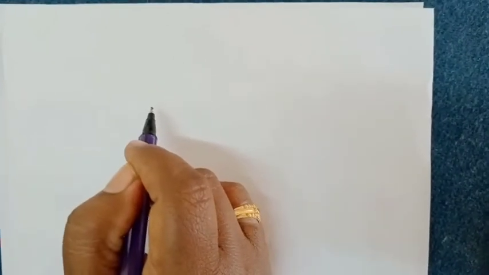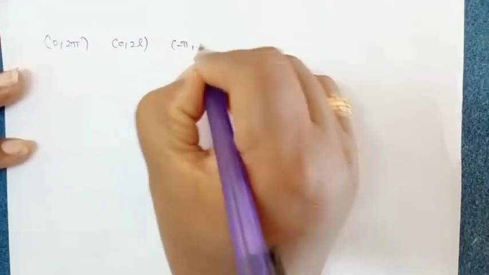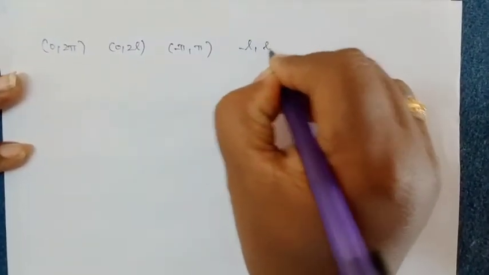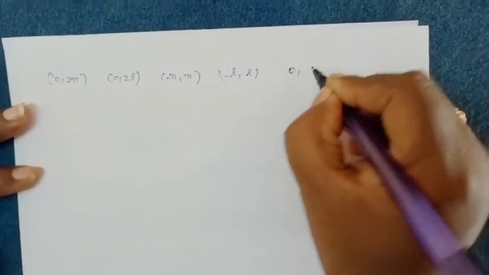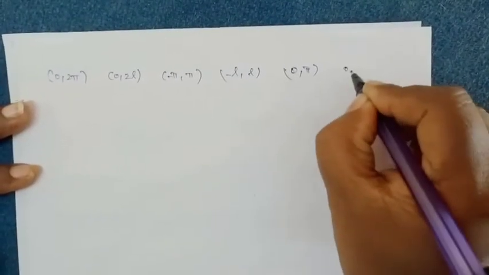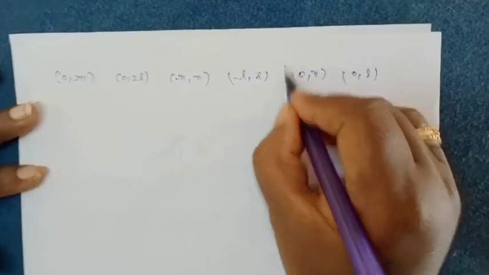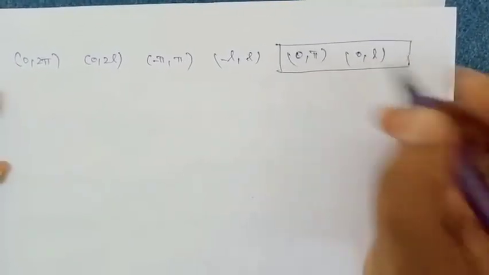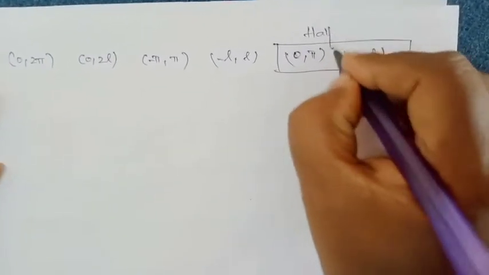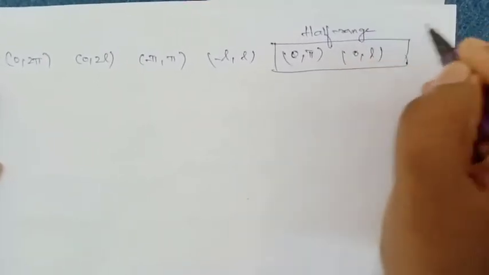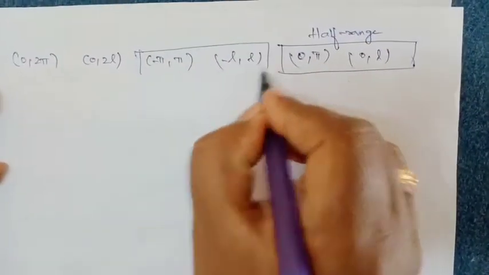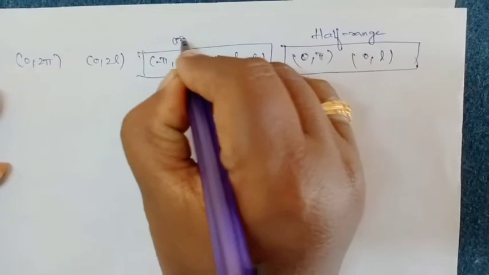So in this unit we are coming across 6 types of intervals, namely 0 to 2 pi, 0 to 2l, minus pi to pi, minus l to l, 0 to pi and 0 to l. Here these two are known as half range series, and here this is called odd or even function.